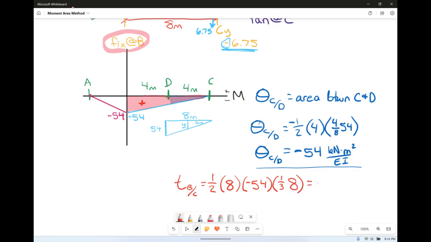And that's going to give us negative 576. Again, if you want to put your units, it's kilonewtons, meters cubed over EI, technically.